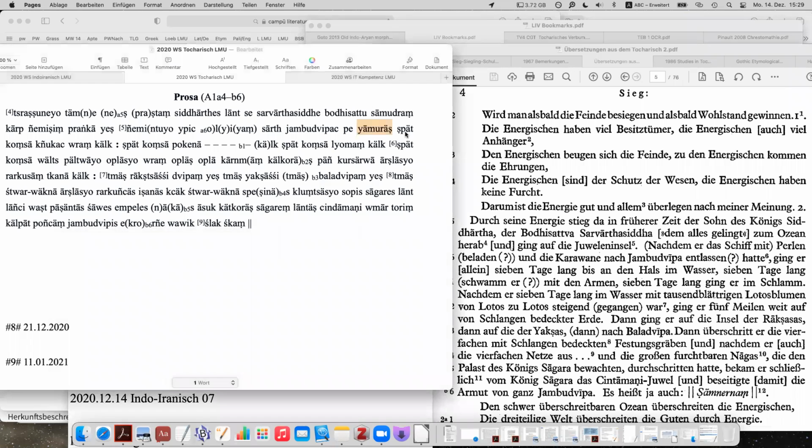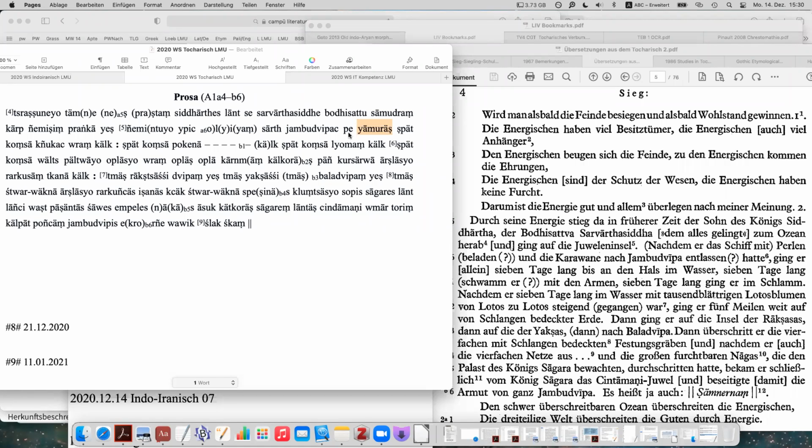Okay, and then sput komsa, knukach vramkuk, sput komsa pokena, something's missing here, and kuk, and sput komsa lioman kuk, and sput komsa woods pertwayo oplasio vram oprash opla karman kukorash.